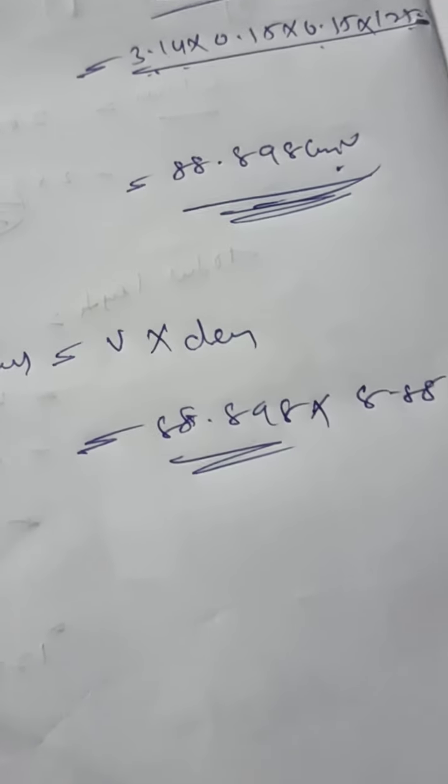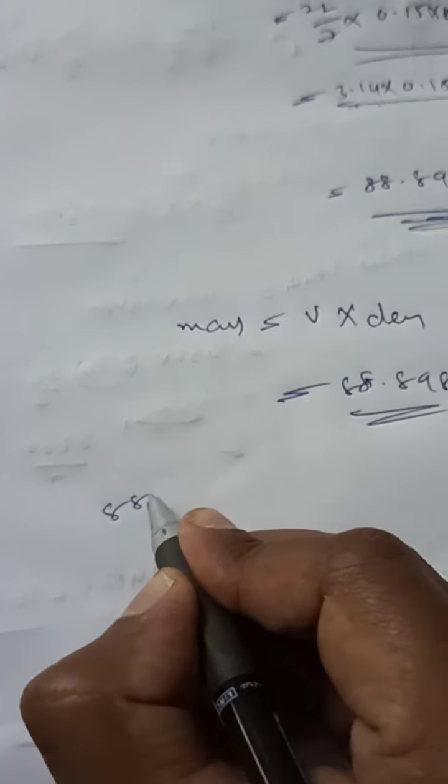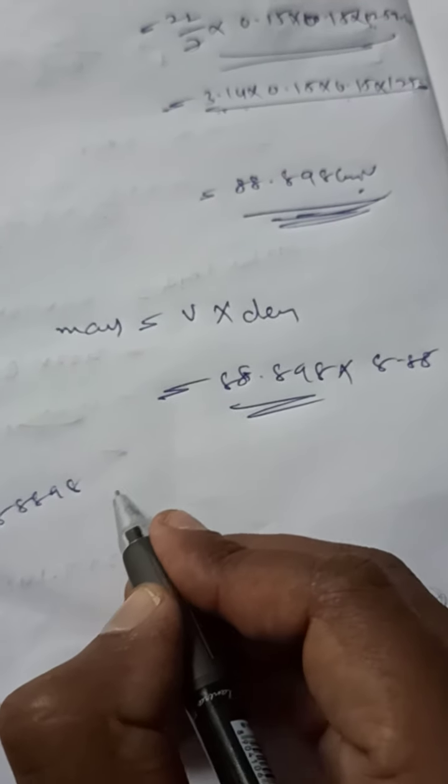Now 88.898 multiplied by 8.88. You multiply these two and you are going to get the value.